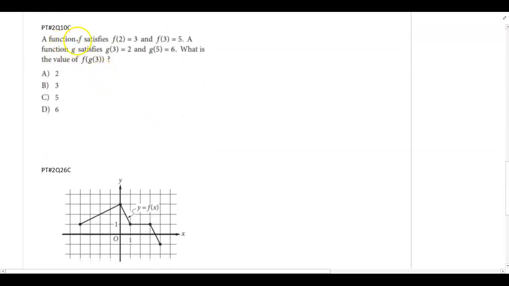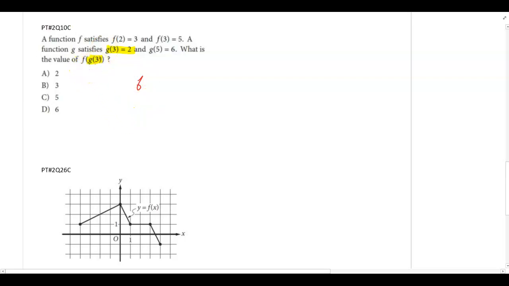Now, the next example. A function f satisfies f of 2 equals 3, f of 3 equals 5. A function g satisfies g of 3 equals 2, g of 5 equals 6. What is the value of f of g of 3? So basically, right, the first thing we want to do is evaluate g of 3. What is g of 3? G of 3 is 2, right?